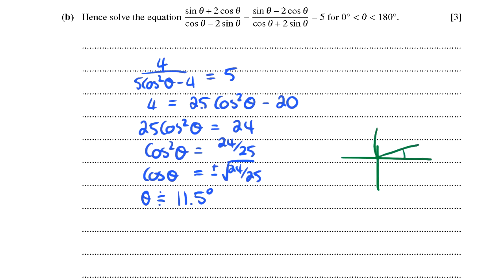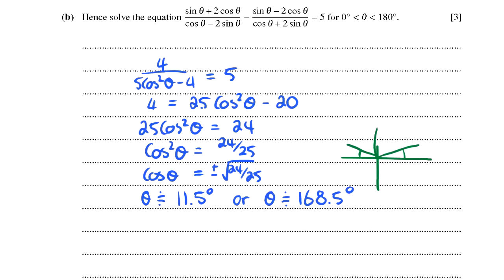So it's 11.5 there, and we're allowed to use the second quadrant because we're between 0 and 180 degrees. So our second answer will be 180 minus 11.5, which is approximately 168.5 degrees. The front of the paper says give angles in degrees to 1 decimal place, so that's exactly what we will do.